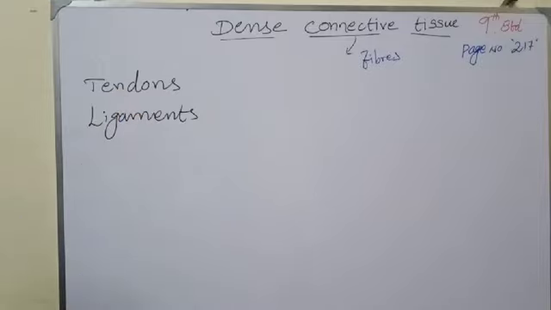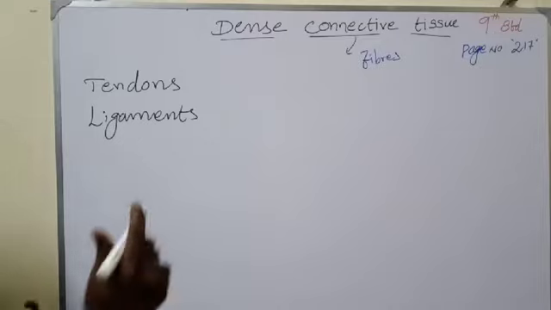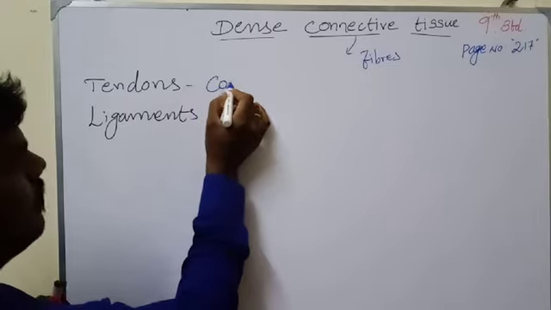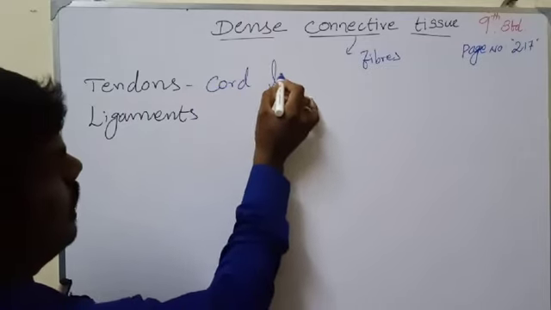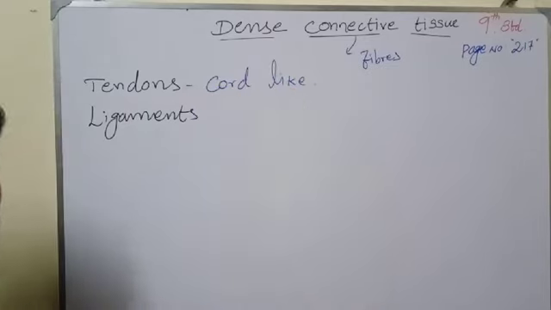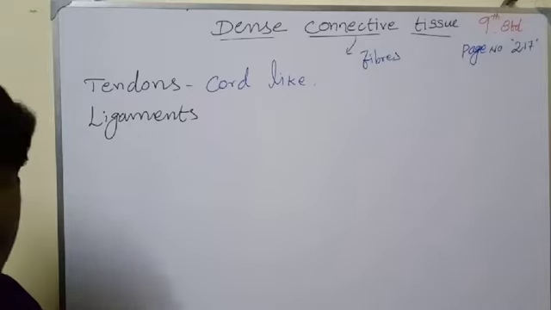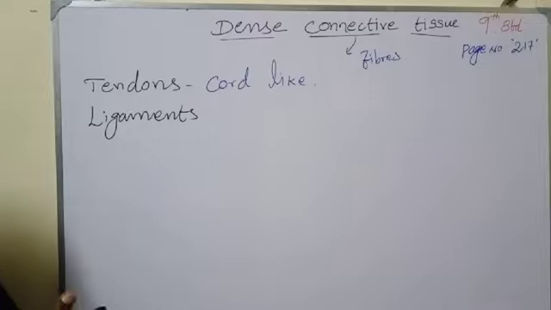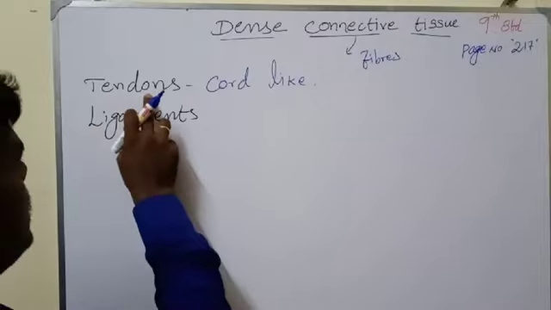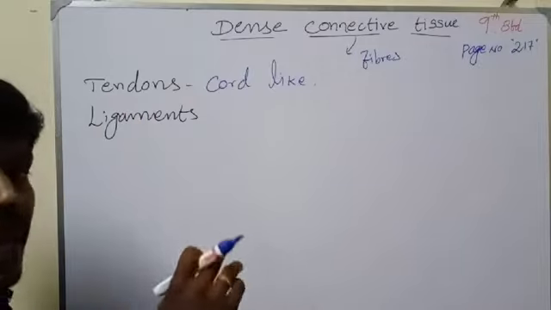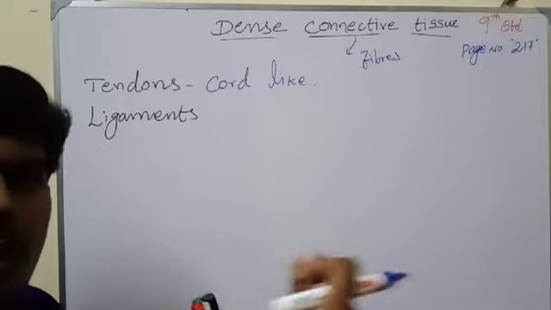First one, tendons. The tendon is a cord-like structure, a strong structure, that joins skeletal muscles to bone.